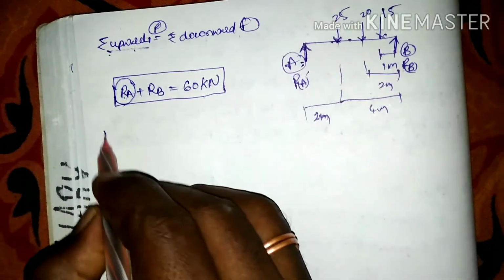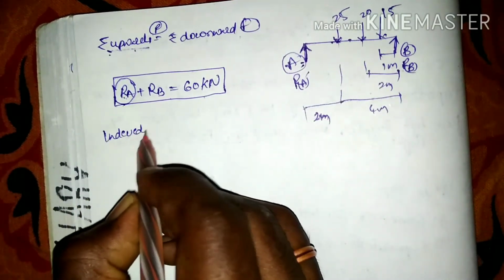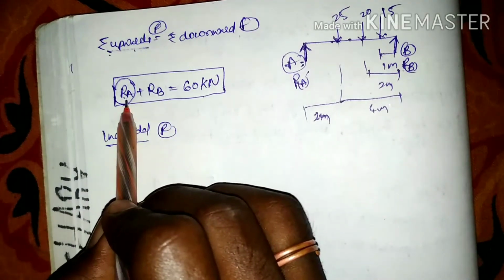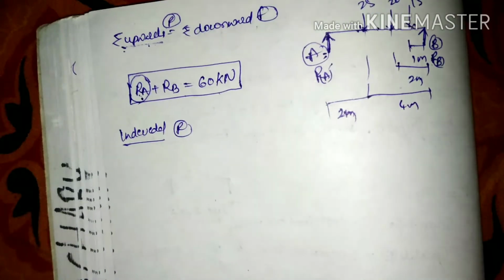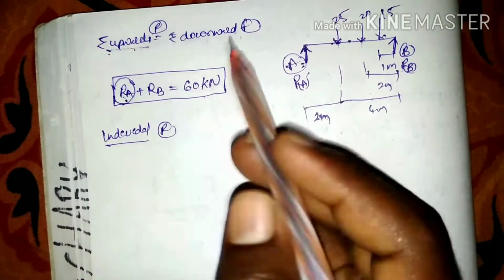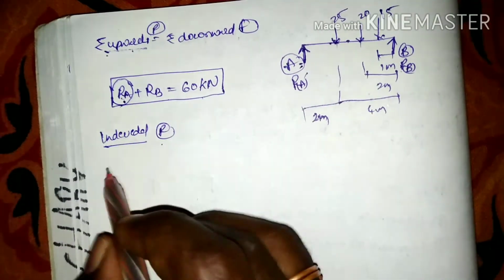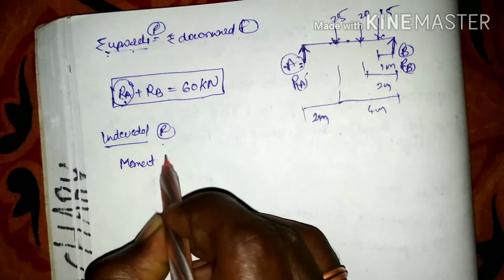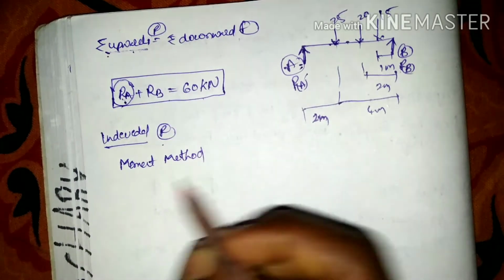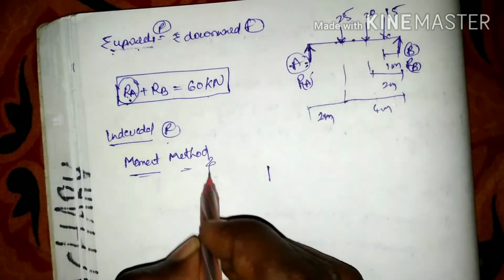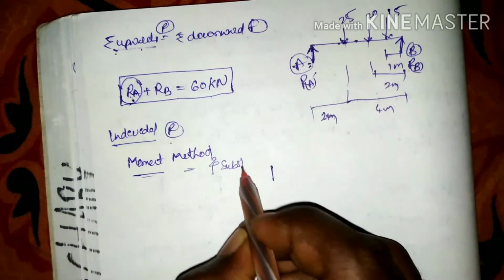The individual reactions are used in the shear force calculation, so we have to know them. To find the individual reactions, we have the moment method and after this the substitution method.